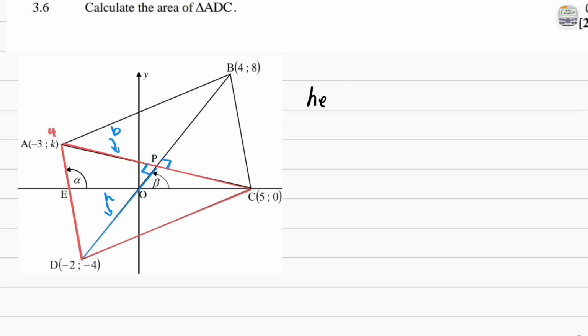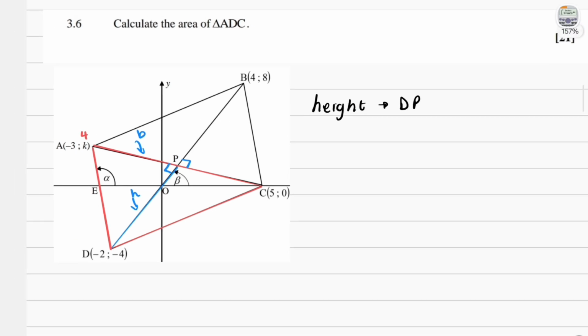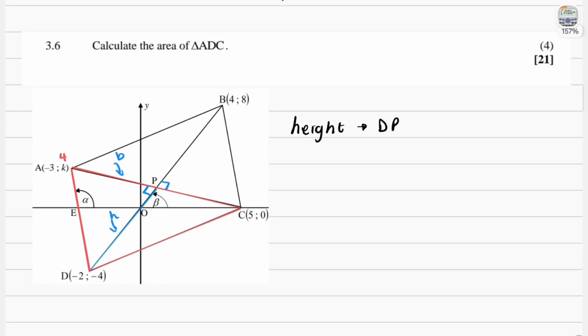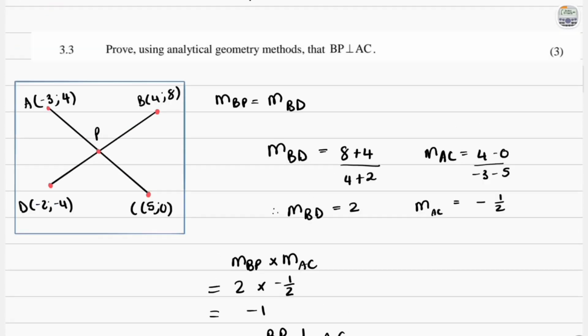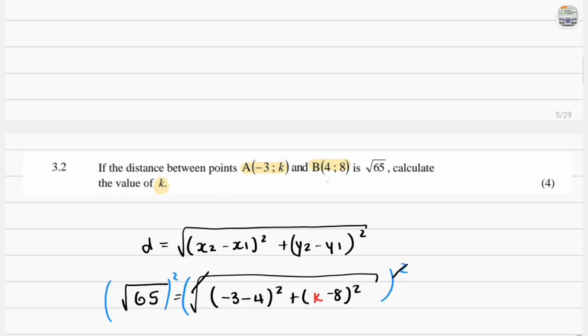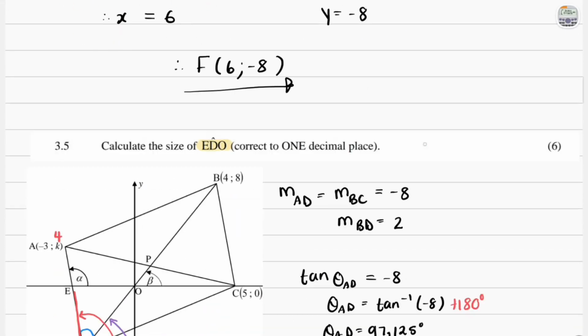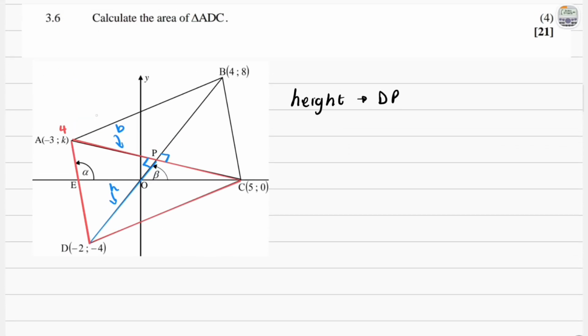The height, DP, is going to be found by just using the distance formula. We didn't really have the distance of anything else. In the beginning, they only told us what the distance of AB was, and that was square root of 65. That's not helpful. AB is not what we're looking at. So let's just focus on using the distance formula.